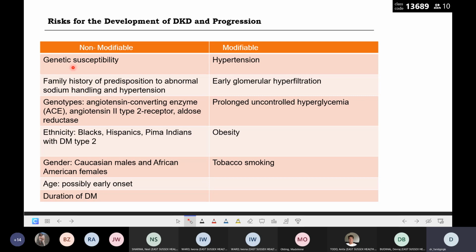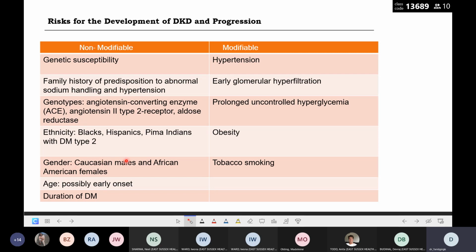So there is genetic susceptibility, or family history of predisposition to abnormal sodium handling and hypertension. Genotypes: angiotensin converting enzyme, ACE, angiotensin 2 type 2 receptor, aldose reductase. So there are some genetic types which are liable. Also regarding ethnicity: Blacks, Hispanics, Pima Indians with type 2 diabetes.